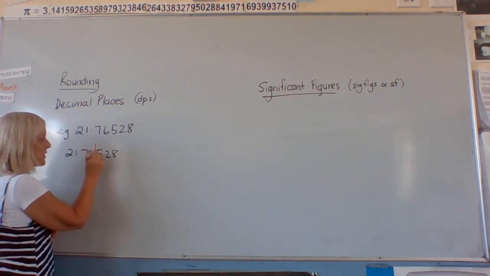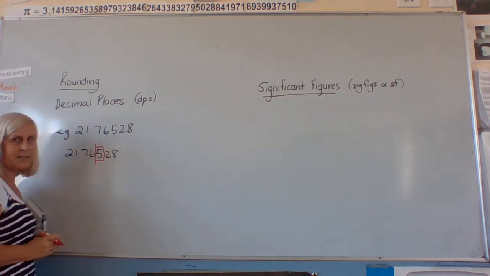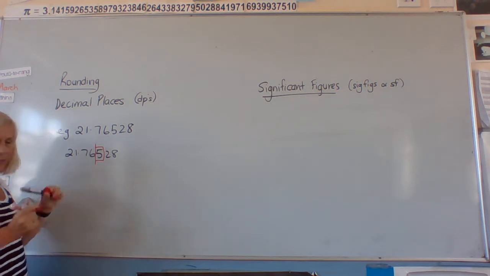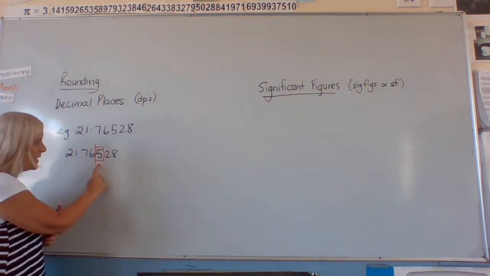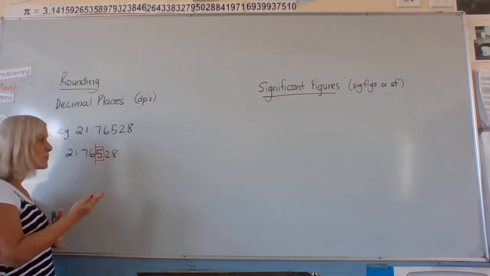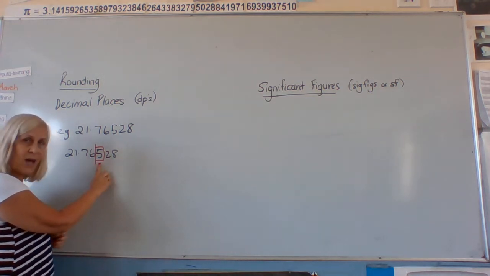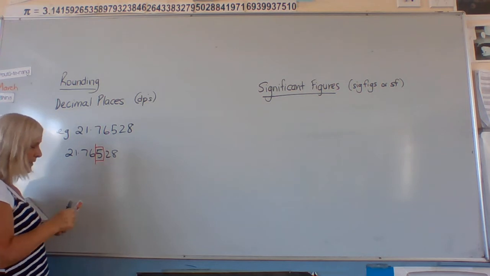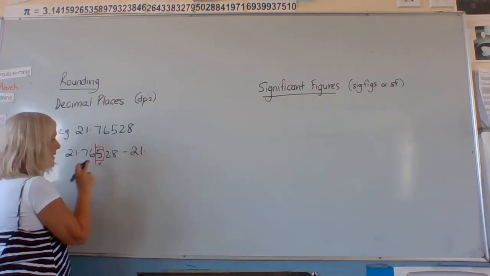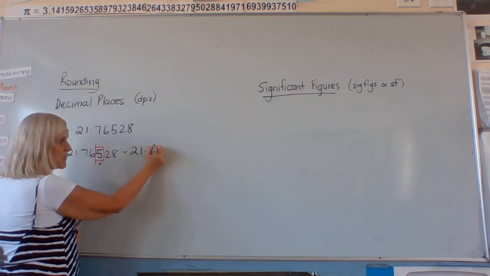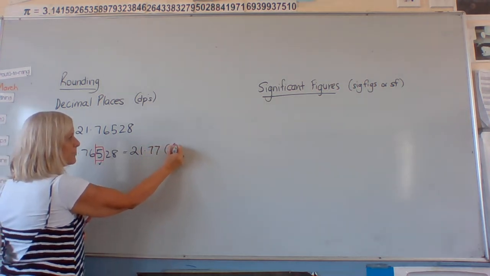You don't have to do this in the test, but you need to think it in your head. So I need this much, two decimal places, but I'm looking at the third decimal place to see whether I need to round up or not. If it's 5 or more, I need to round the one in front. It is 5 or more, so therefore I'm going to get 21.77, because 6 plus 1 is 7, to 2DP.